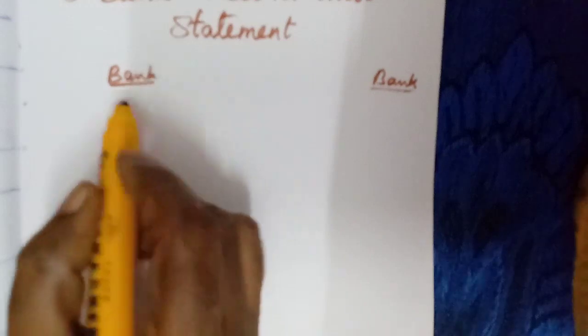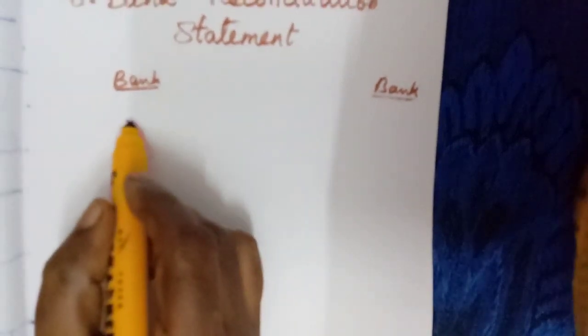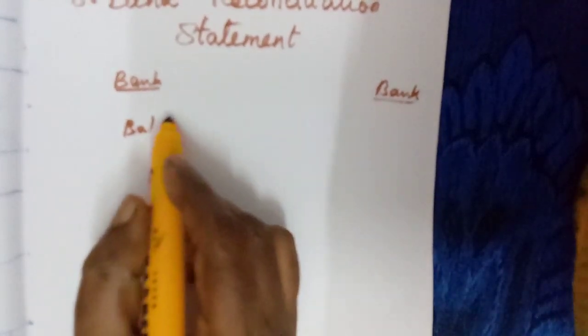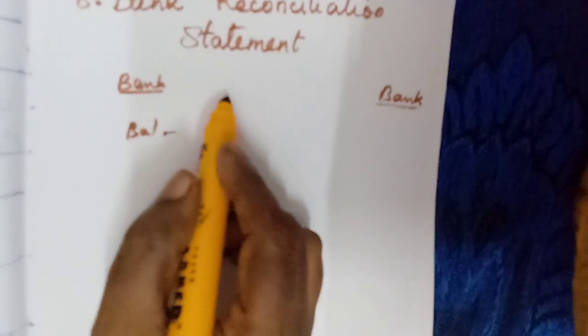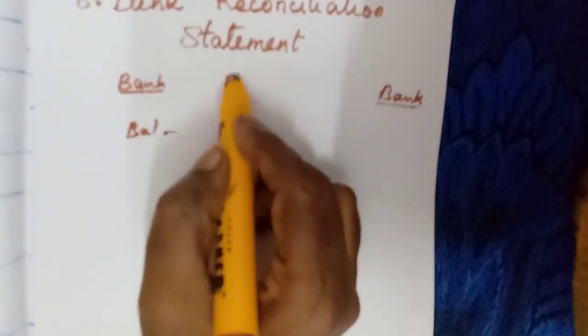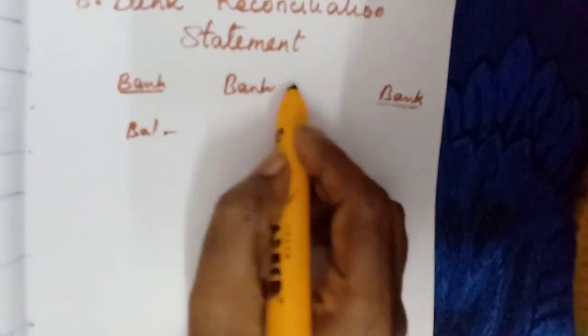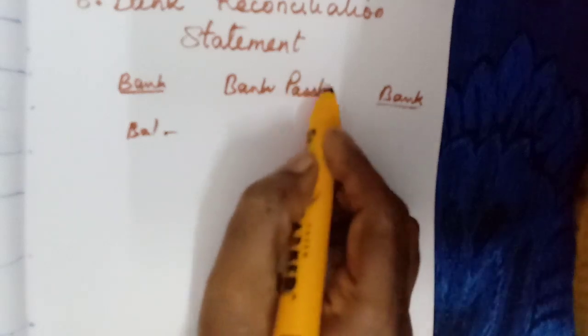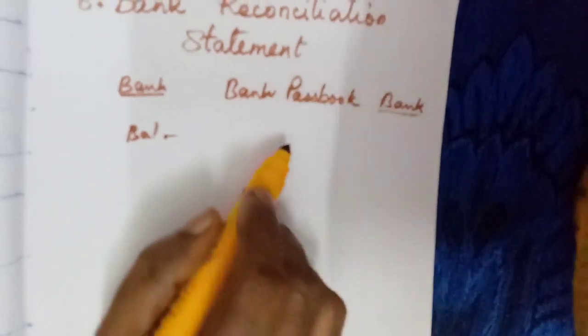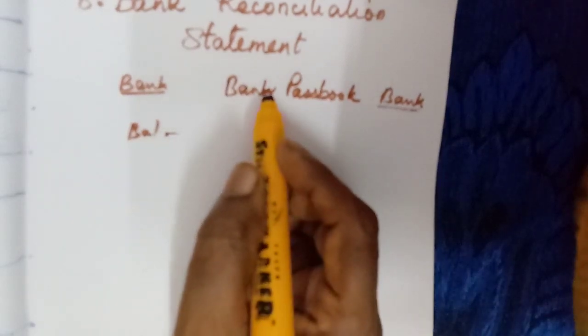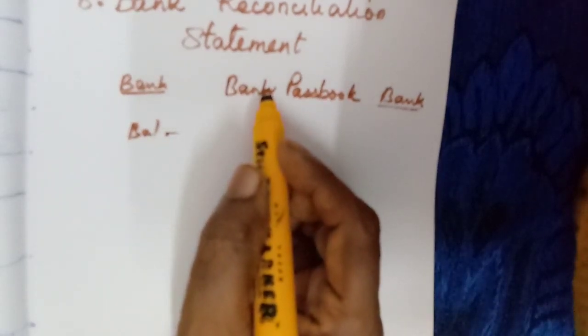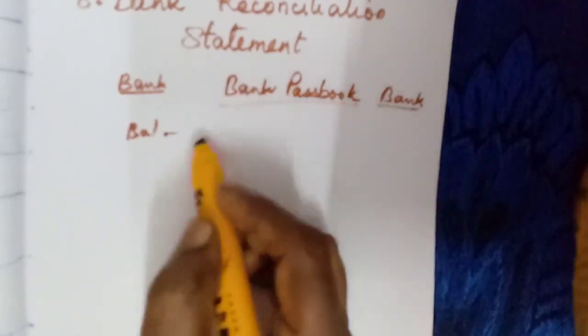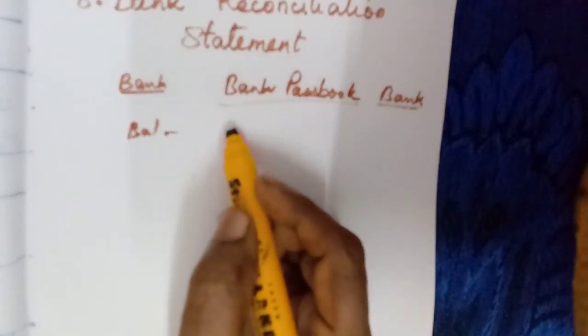So we have to check the balance in the bank column of the cash book and compare it with the bank passbook or the bank statement. We can get a statement from the bank showing our account, for 5 days, 10 days or 6 months. If we ask, they will provide it. They will charge some amount as charges.